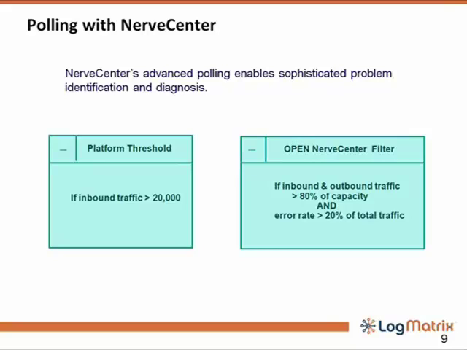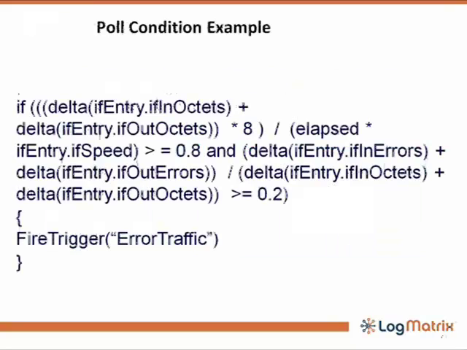But on the other side, NerveCenter would be able to say that if the interface inbound traffic and the outbound traffic is greater than 80% of the capacity, and the error rate is greater than 20% of the total traffic, then that constitutes a real situation. A lot different, isn't it, than just saying, oh, I got inbound traffic at over 20,000.